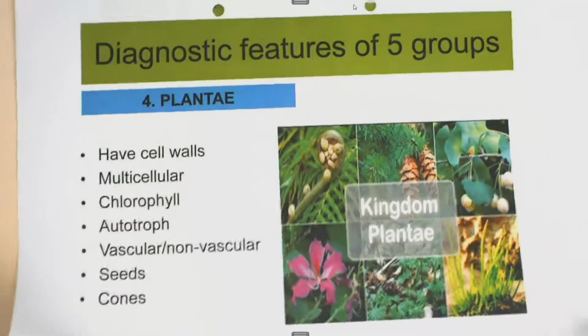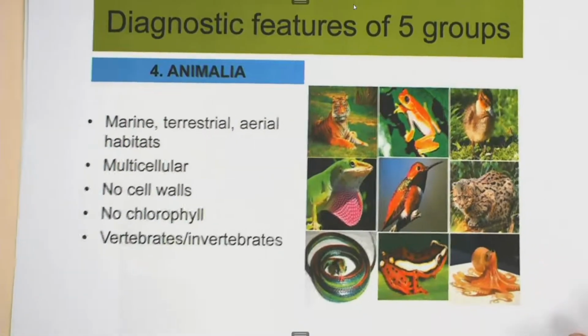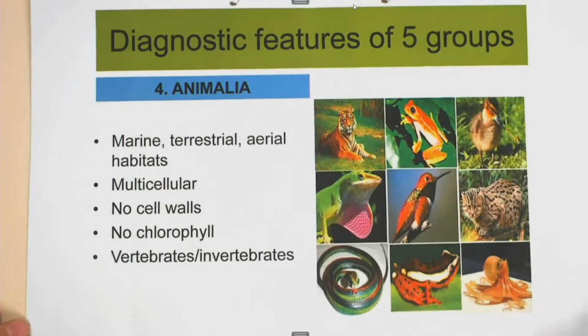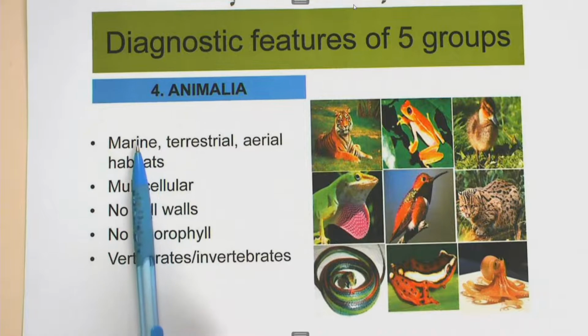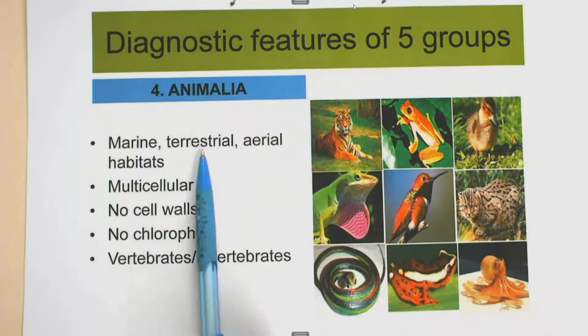Plants, plants, plants. Now, the last one is animals. You know all about animals. There is a huge variety of animals. They can be marine animals in the water, terrestrial, on earth, aerial, they can be in the sky, multicellular, many cells, meaning they are differentiated, they have specialized cells.